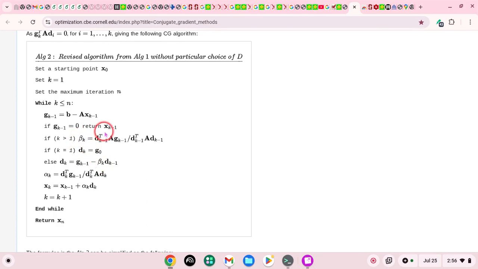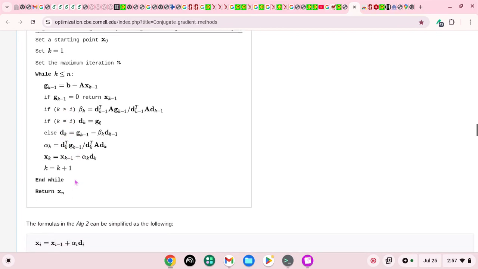The beta values can be computed based on these equations, and once we get this beta value and the new search directions based on the previous search directions and also the previous gradient, we can update this vector. Alpha k also depends upon the search directions that we computed earlier, and also the previous residual.